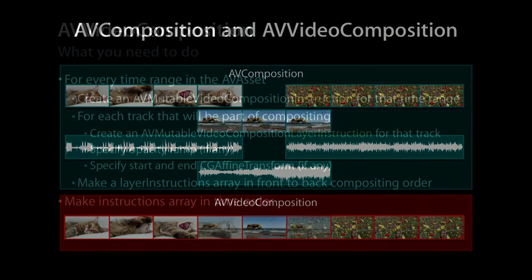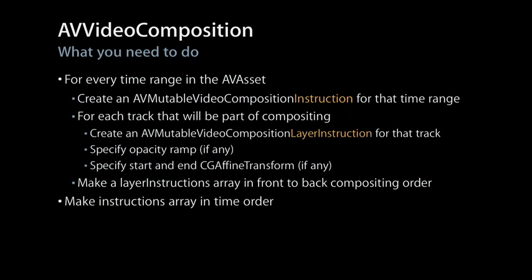What you need to do is for every time range, make a composition instruction, and then make a composition layer instruction for each track that you need to composite. You order the layer instructions into the composition instruction in the compositing order, and then order the composition instructions into the video composition in time order.